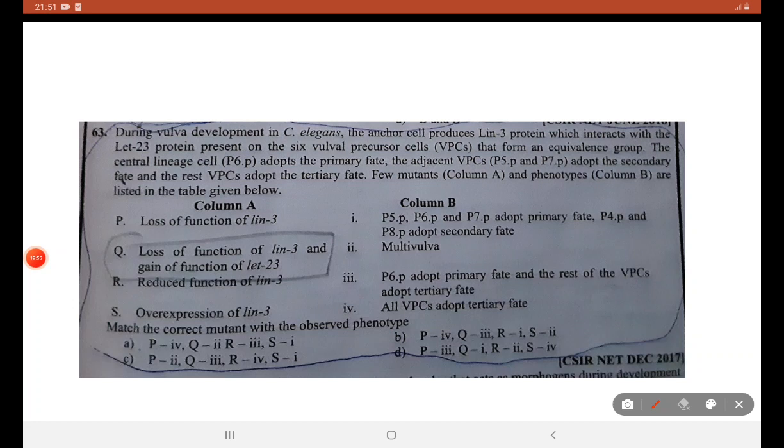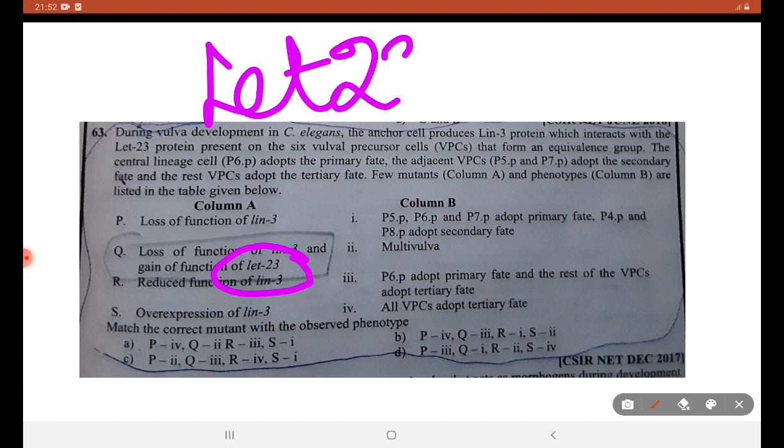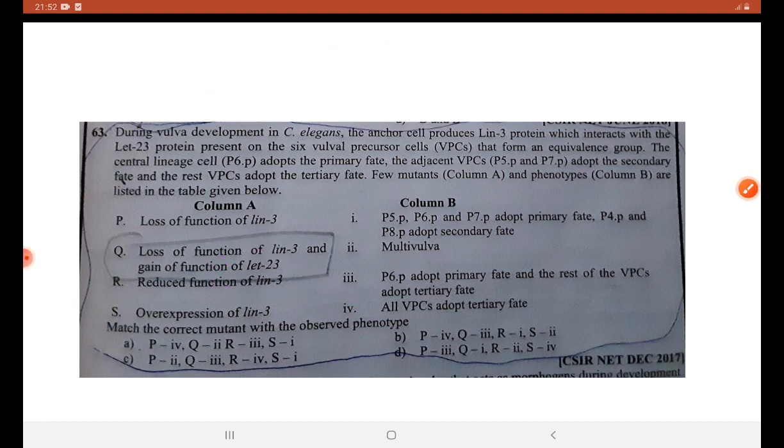Please do correct this. It is LET-23. So loss of function of LIN-3 and gain of function of LET-23 leads to multivulva. Loss of function of LIN-3.